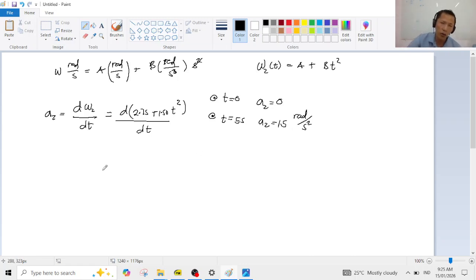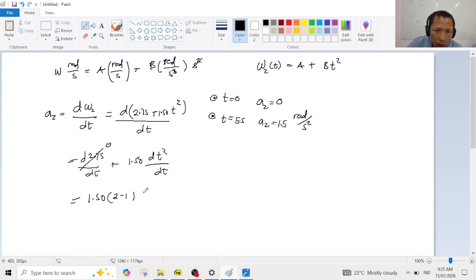Doing it by hand, you have the derivative of 2.75 with respect to t plus 1.50, a constant, times the derivative of t squared over dt. The first is 0, then you have 1.50 times the derivative of t squared. That is the expression for alpha z.